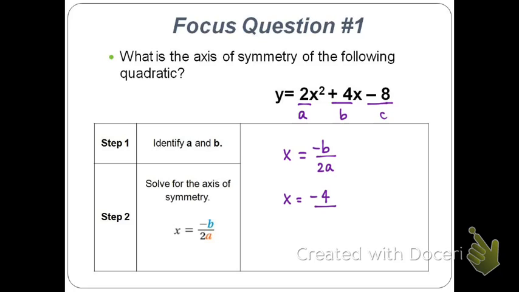And then we're going to take 2 times whatever we have as the a value in front, which is the 2. So we have x equals negative 4 divided by 2 times 2. That would be x equals negative 4 over 4, and if you solve that, we get x equals negative 1. And there is our very first axis of symmetry that we solved for.